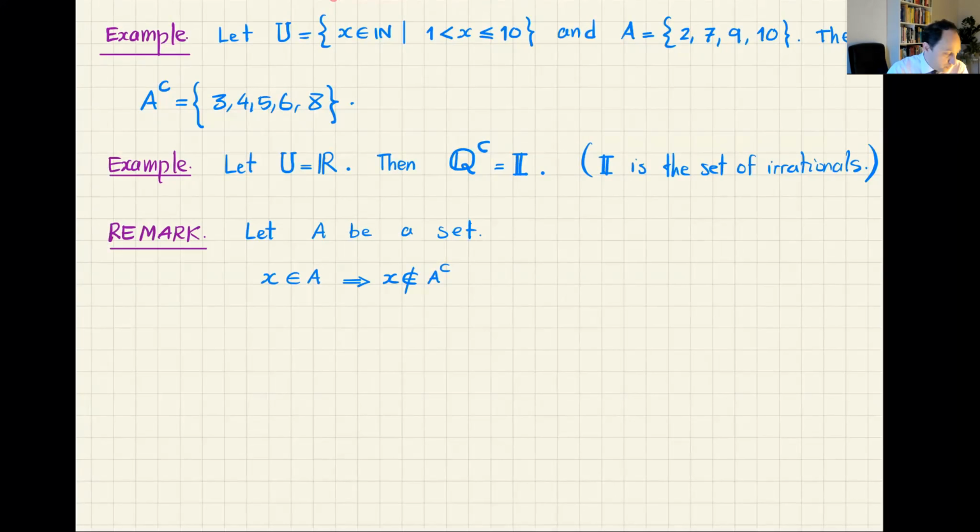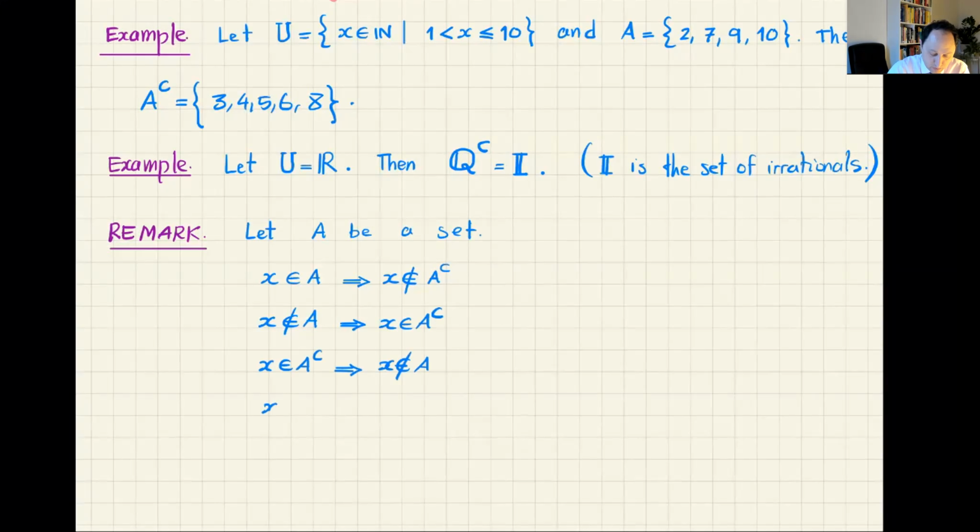Or, for example, you can have this situation. If someone tells me that X does not belong to my set, I can conclude definitely it belongs to the complement. If someone tells me that X belongs to the complement, I can conclude that X does not belong to the set itself.